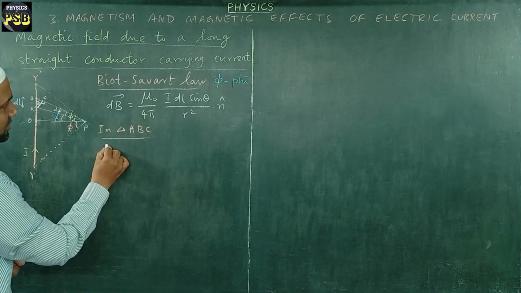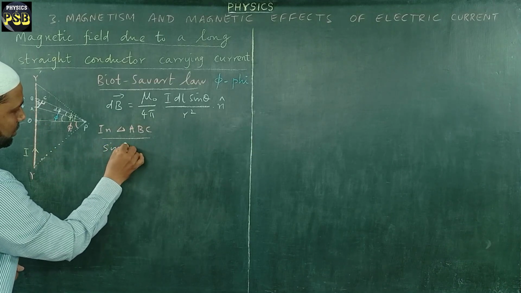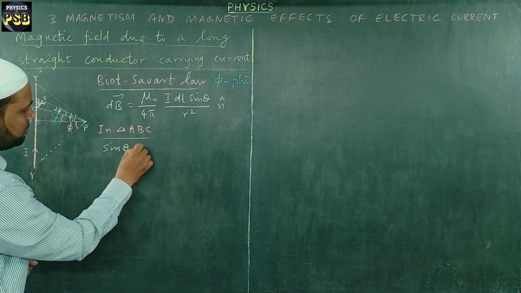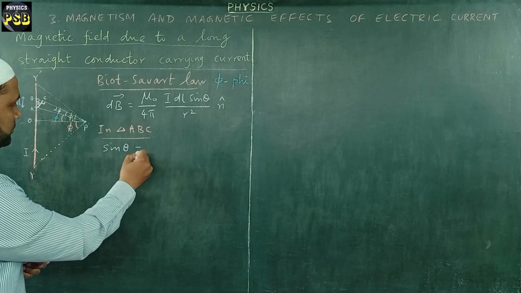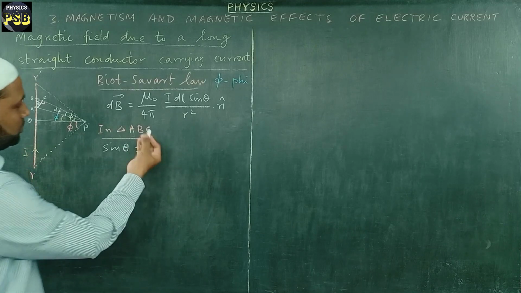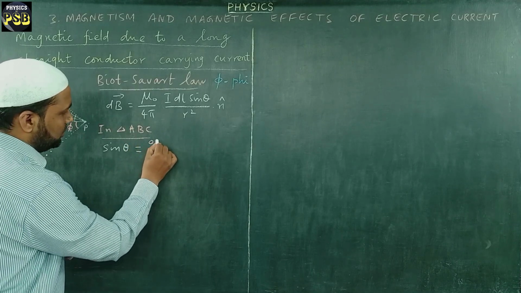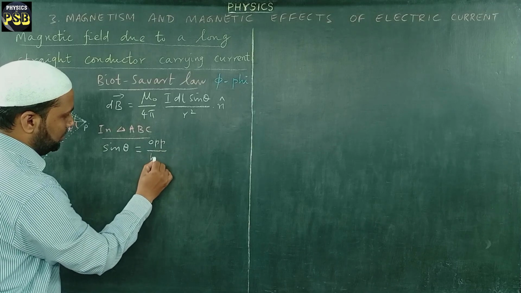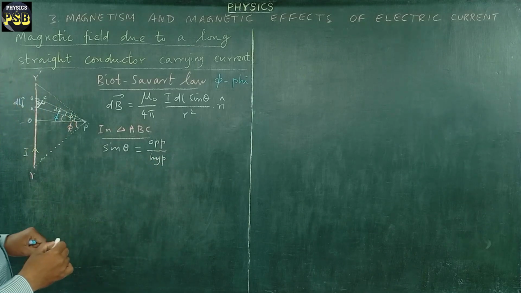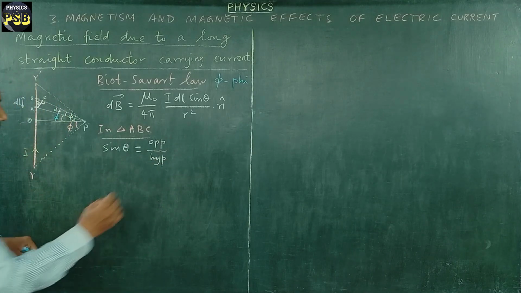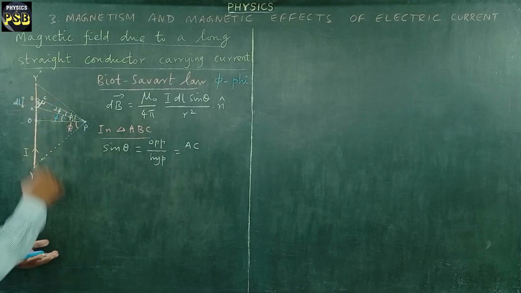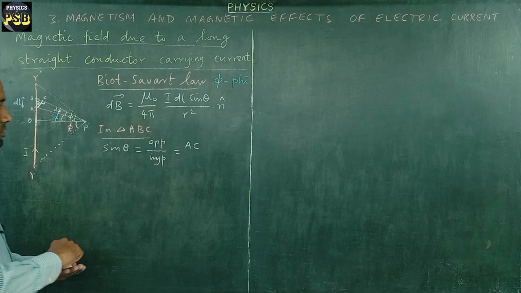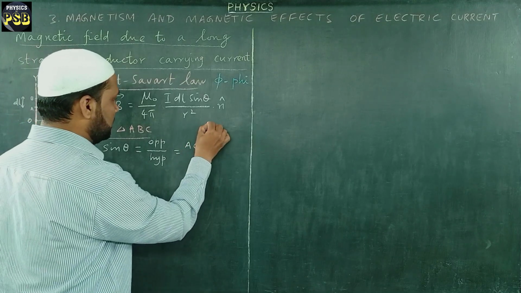Sin of angle theta is taken. So what is sin of theta? Opposite side divided by hypotenuse. What is the opposite side here? The opposite side is AC. Now, I draw this triangle here for our convenience.